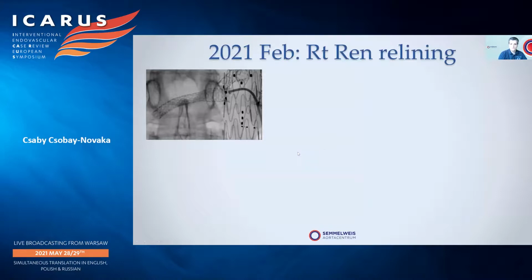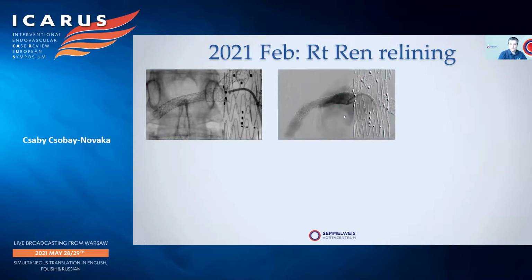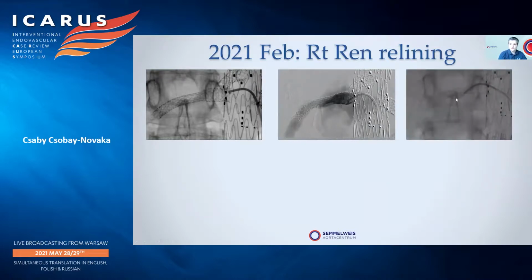So we did a re-intervention on that in this February. But the aortic segment was long enough, so that was not a modular disconnection between the renal and the aortic segments or devices, but rather a fabric tear along the device, which was confirmed by wire manipulation.